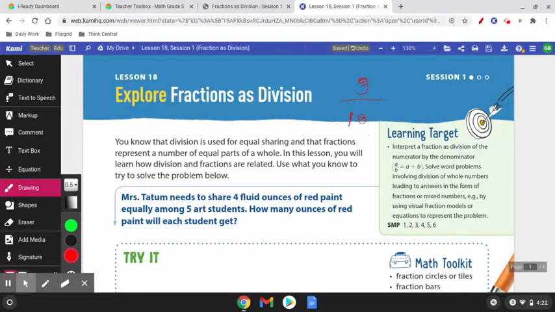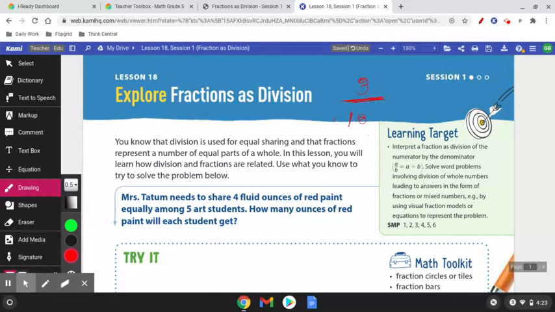So if I have 3 pieces of pie and I divide it among 10 of my friends, they will get 3/10. It's a cool way of noticing that this bar really means divide. So if you have 3/10 of something, you have 3 wholes that have been divided into 10 parts. So you have 3/10 of it.